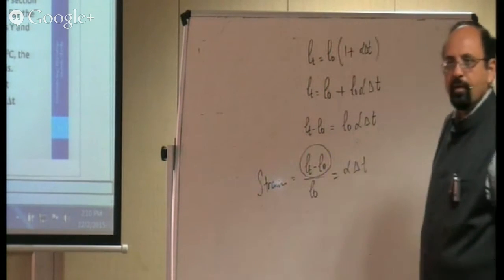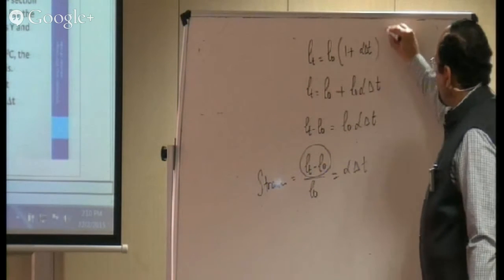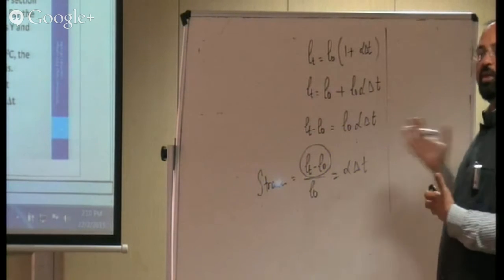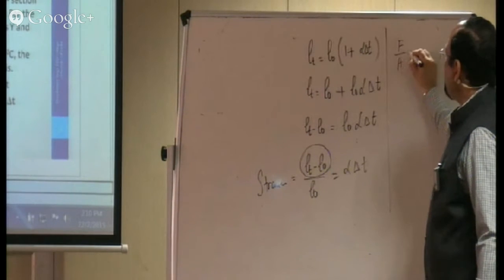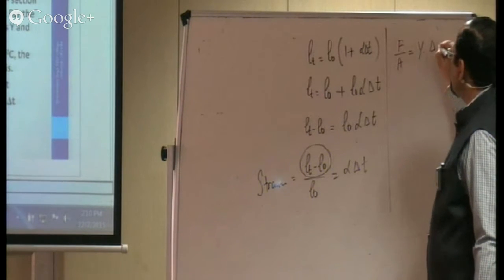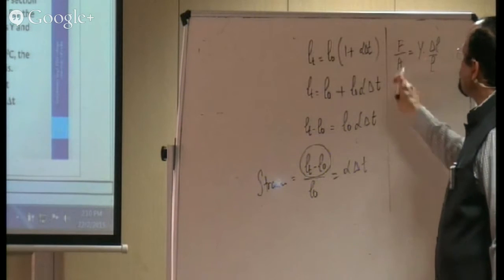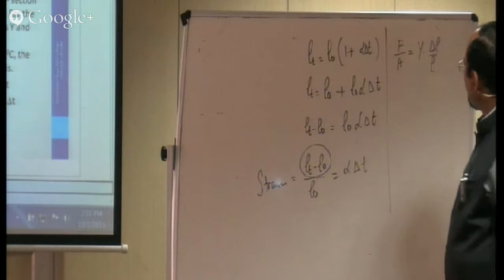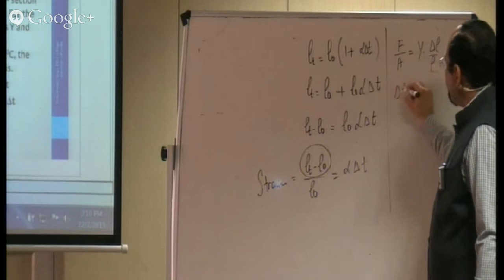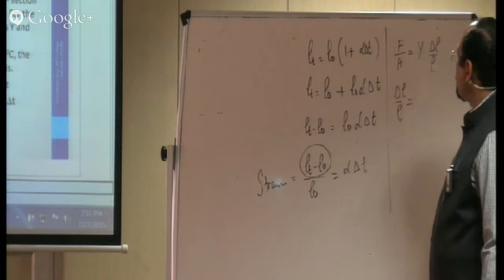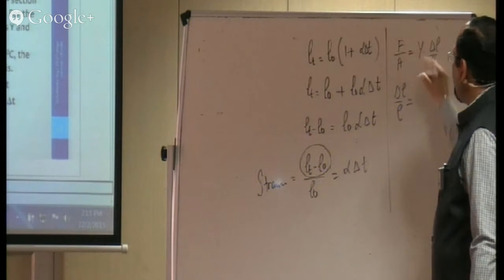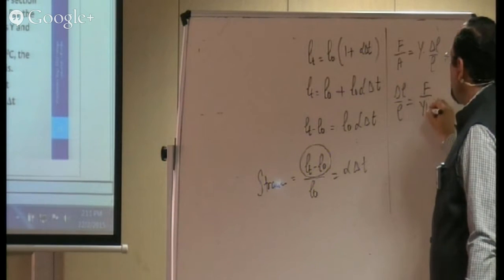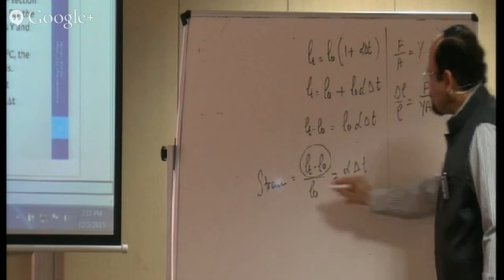I have another relation from the mechanical properties of material. Force by area is equal to Young's modulus times change of length to the original length. Stress by strain is Young's modulus. So what then is strain? Delta L by L, you keep it there, is equal to F divided by YA. This is strain.